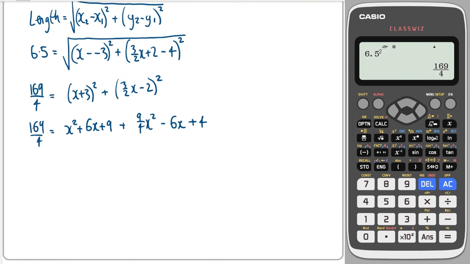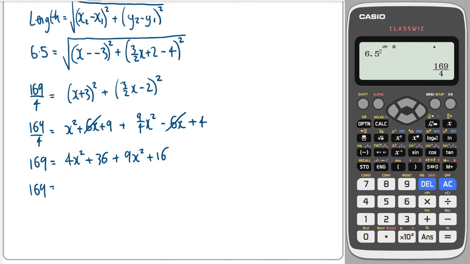Okay, next step, I can cancel these, which is nice and neat. I can times everything by 4 as well, so that'll get rid of the 4 there. This will give me 4x squared plus 36 plus 9x squared plus 16.